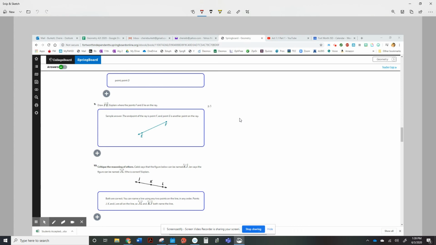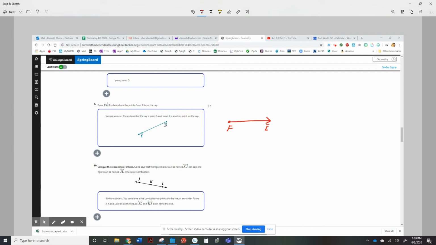So I'm expecting that you did this: FE. And if you drew it that way, there's nothing wrong with you drawing it that way. Just understand that the direction of this arrow is in no way indicating which direction the ray is actually going.